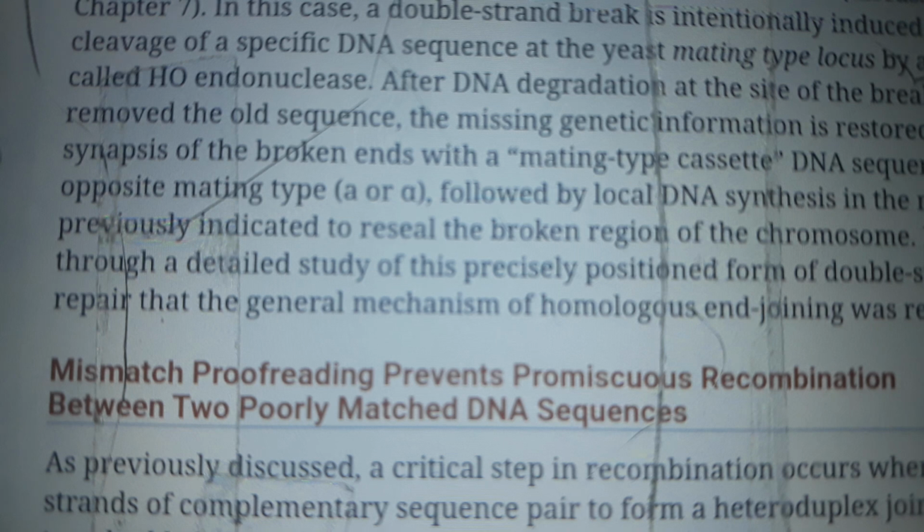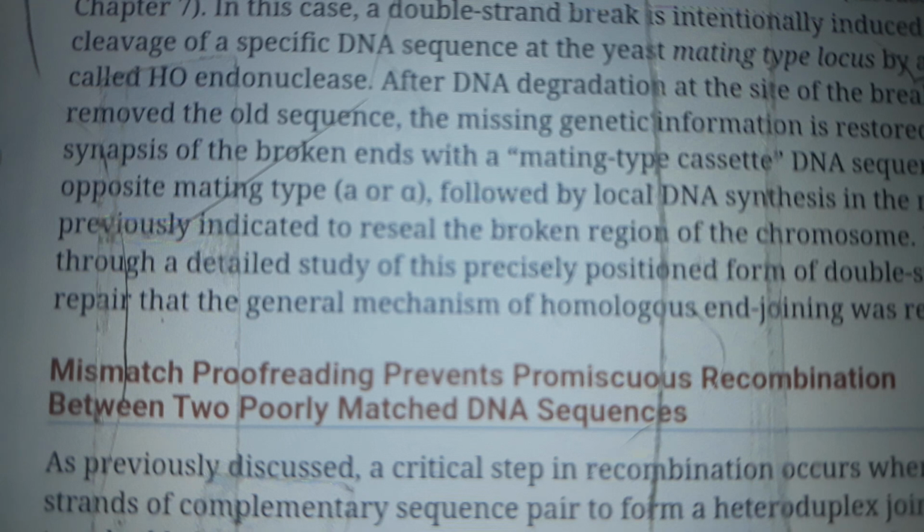In this case, a double-strand break is intentionally induced by cleavage of a specific DNA sequence of the yeast mating type locus by an enzyme called HO endonuclease.